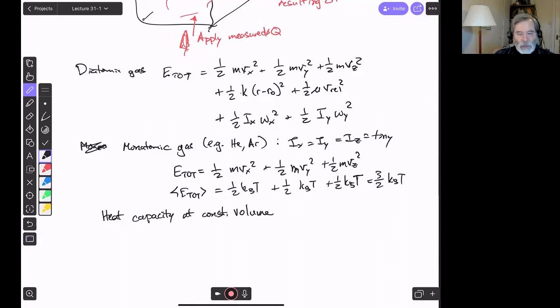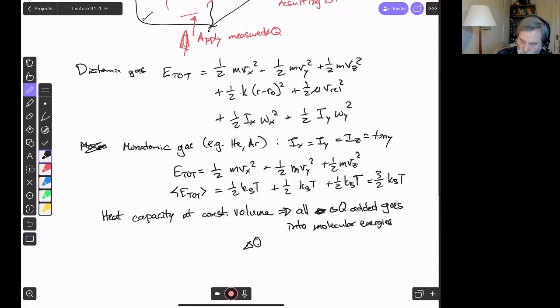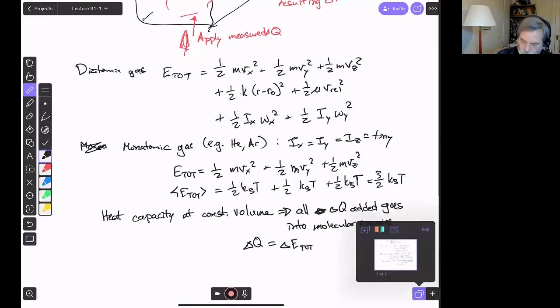But if we're working at constant volume, there's no expansion, no work is done by the gas. So all the delta Q added to the system goes into the molecular energies. So I could write that delta Q is equal to delta E of the molecules.